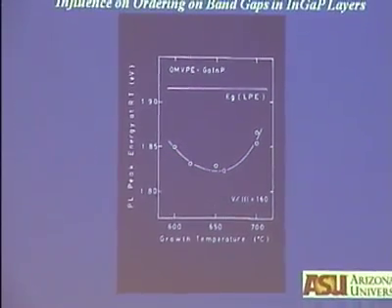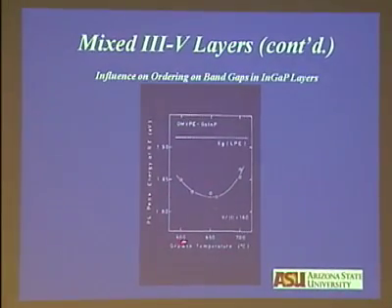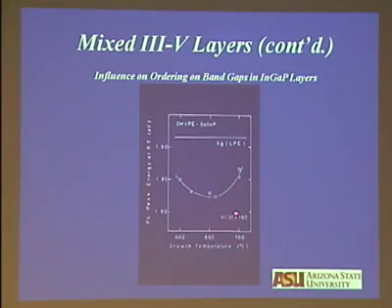Then they grew gallium indium phosphide by MOCVD, and they changed the growth temperature. What they observed is that at low temperature growth, the band gap doesn't change very much. As you increase the growth temperature, you reach a minimum in the band gap, and then at high temperature, it goes back again.